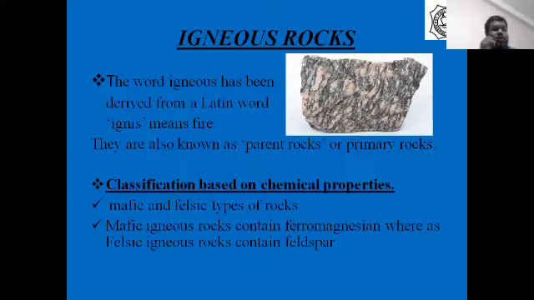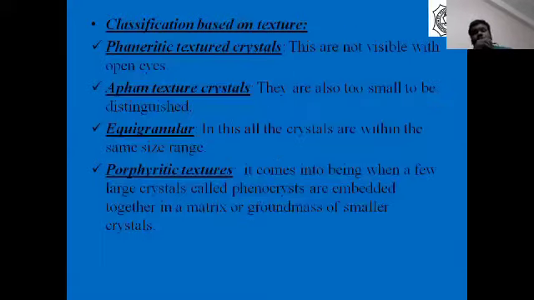It consists of silicates of aluminium in combination with those of sodium and potassium. So this is the classification on the basis of chemical properties.